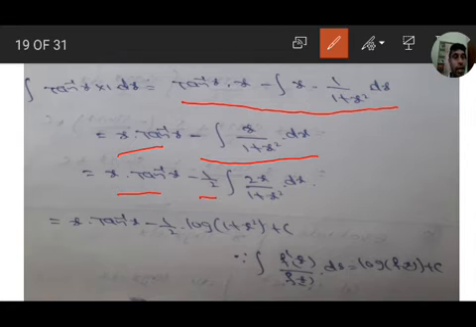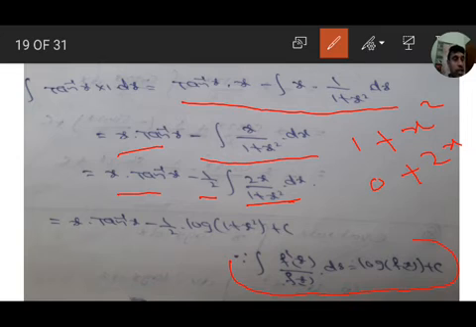I am multiplying and dividing by 2. So 1 by 2 into integration 2x by 1 plus x square dx. Because if 1 plus x square is f of x, its derivative is 2x: the derivative of 1 is 0 and of x square is 2x. To get the formula, integration f dash x by f of x is log of f of x plus c, I am multiplying and dividing by 2.